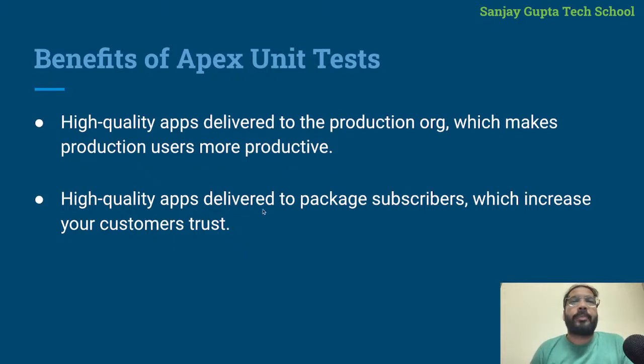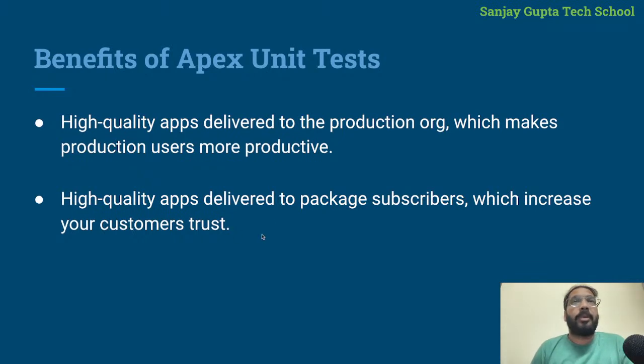And high quality apps delivered to package subscribers, which increases your customers' trust, right? So if your code is implemented properly and tested thoroughly, then only you can make sure that on client environments it won't be breaking, right? So if your code is working fine, your apps are working fine, no errors, no runtime problems, it means your customer will have trust in you, right?